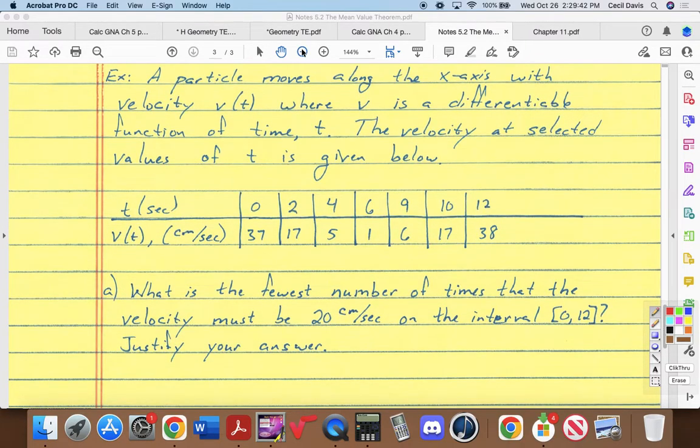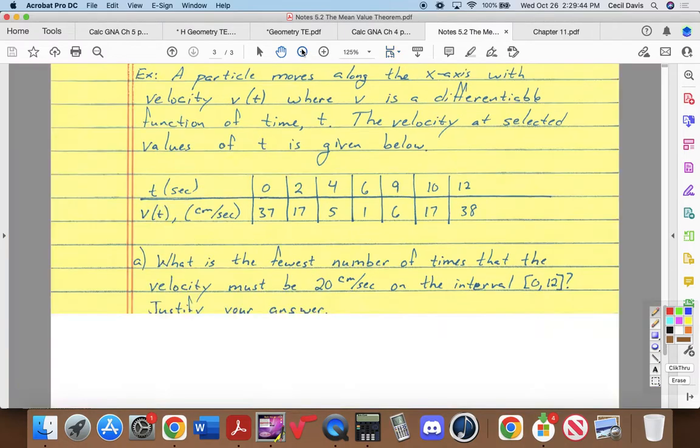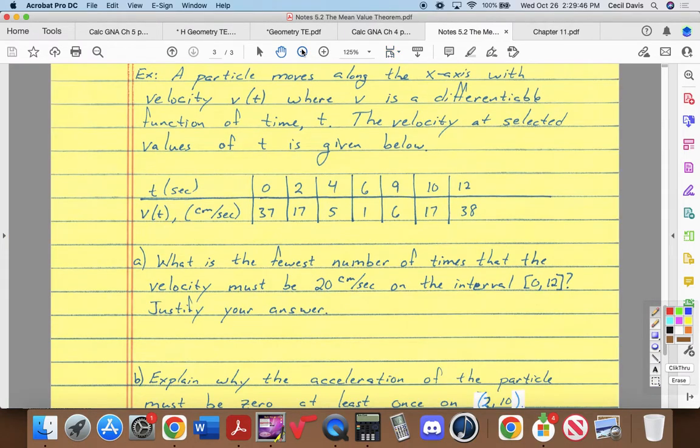So let's look at this last page. I don't remember if I got this from an old AP question. It looks like one. So a particle moves along the x-axis with velocity v of t, where v is a differentiable function of time t.